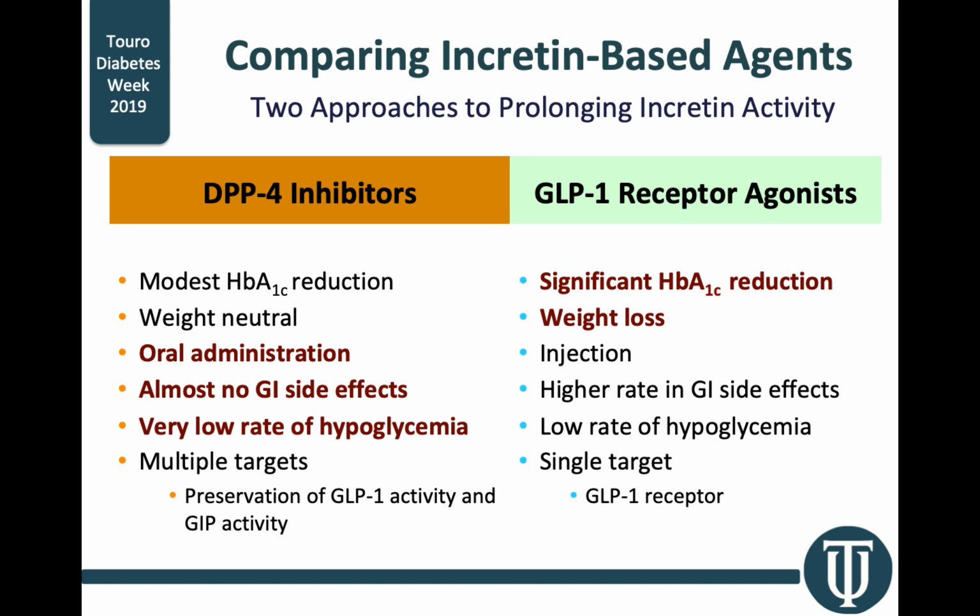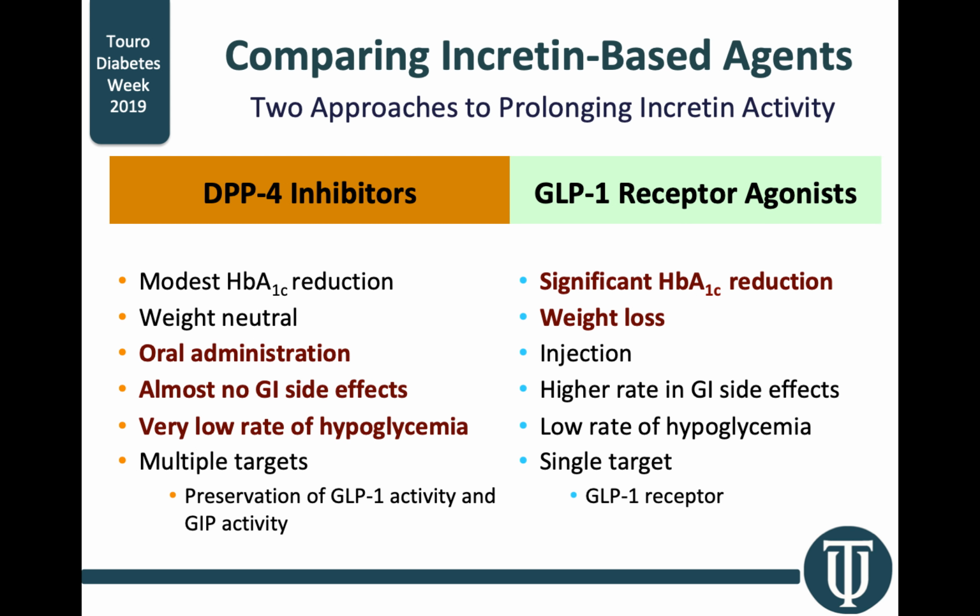So let's compare the two classes, DPP-4 inhibitors and GLP-1 receptor agonists. What are some advantages and disadvantages of each class? I've bolded the advantages. For DPP-4 inhibitors, why are they good?